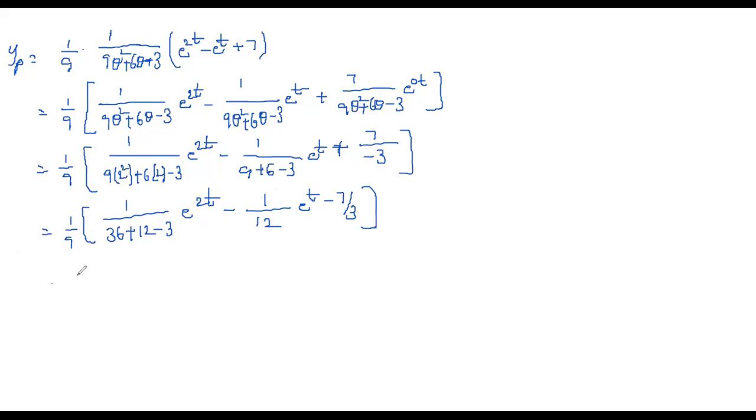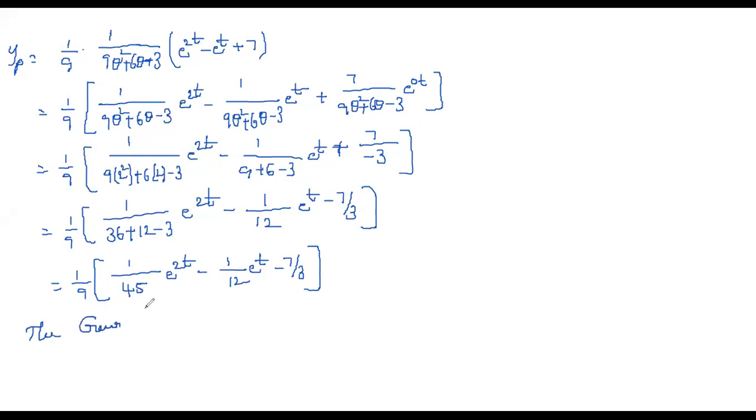So that is 1 by 9 into 45, 9 plus 36, 45 e power 2t minus 1 by 12 e power t minus 7 by 3. So therefore, the general solution or complete solution.